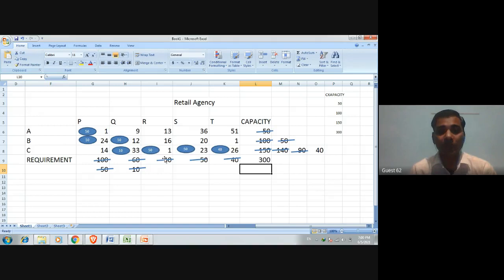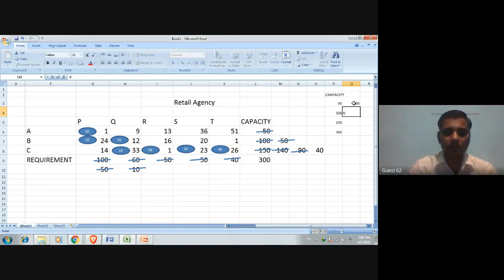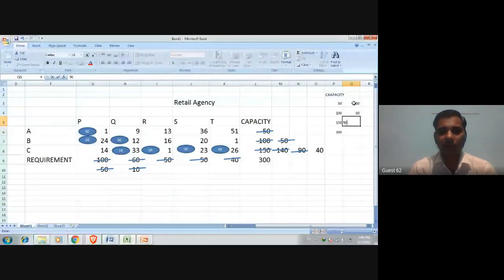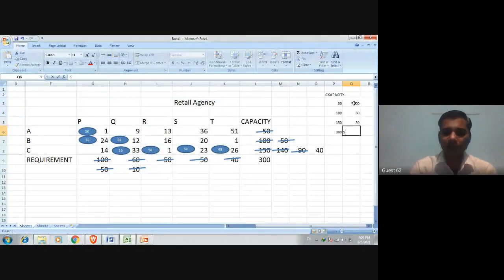Okay. And what was the requirement of P, Q, R, S, and T? Write down here. The requirement of P was 100 units. The requirement of Q was 60 units. The requirement of R was 50 units. The requirement of S was 50 units.